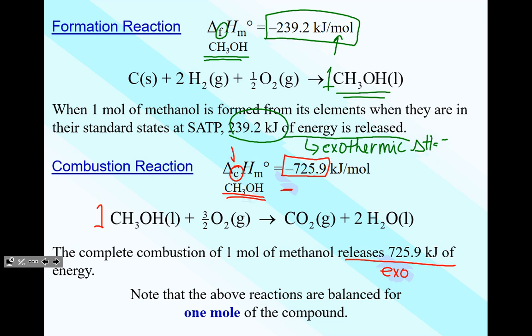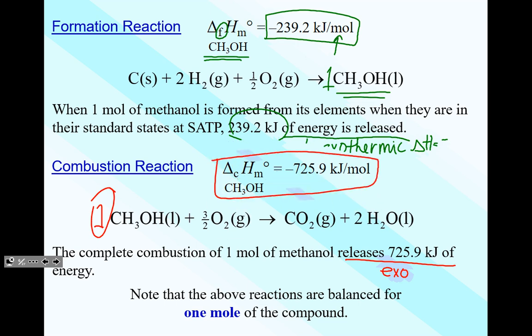All you have to be careful about is that there's a little c, there's your substance in question, and because this is per mole, just make sure that this is 1 mole. No big deal, right? If I give you this, you're going to be able to tell me it's a complete combustion reaction, that we're talking about methanol, and that the delta H is negative 725.9 per mole of it. Okay, no big deal.